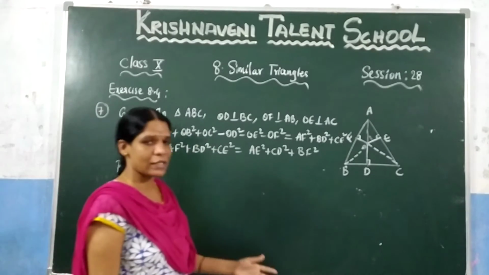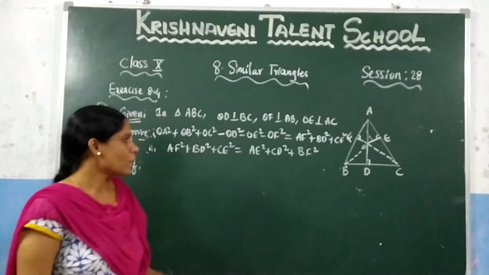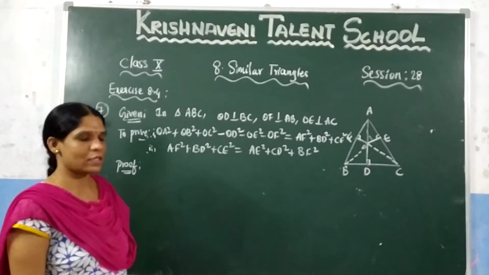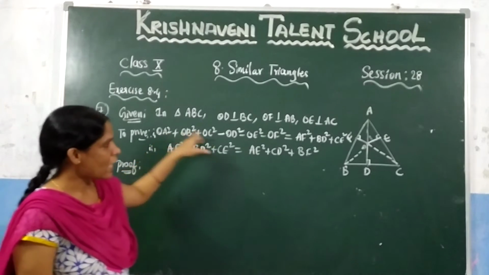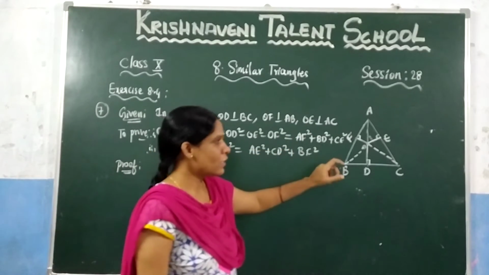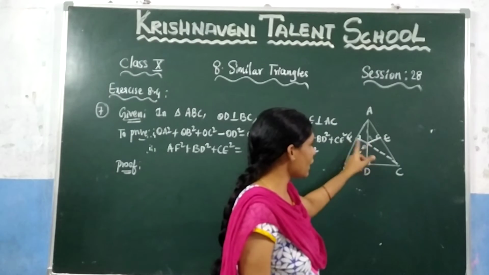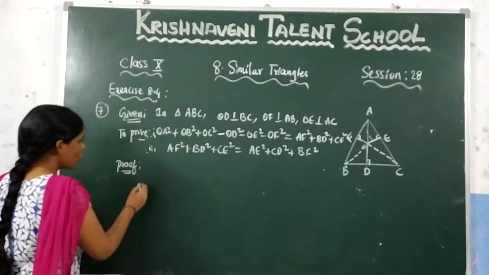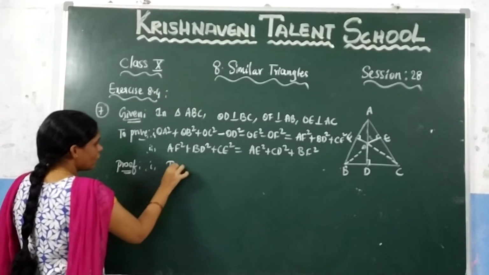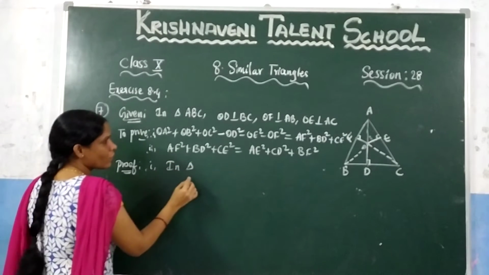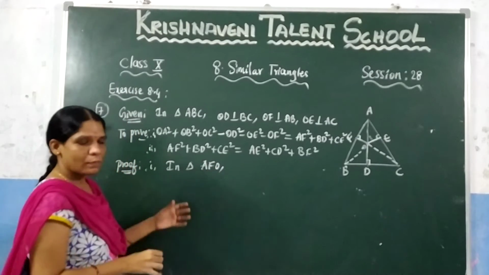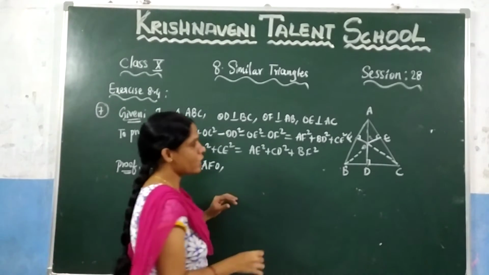Here, so many right angle triangles are given, but based on the condition we need to prove, let us check. Since OA and AF are given, we have to consider the triangle AFO so that you will get one condition. So, write it here. If you want to prove the first condition, in triangle AFO, by the Pythagoras theorem, what can we write?